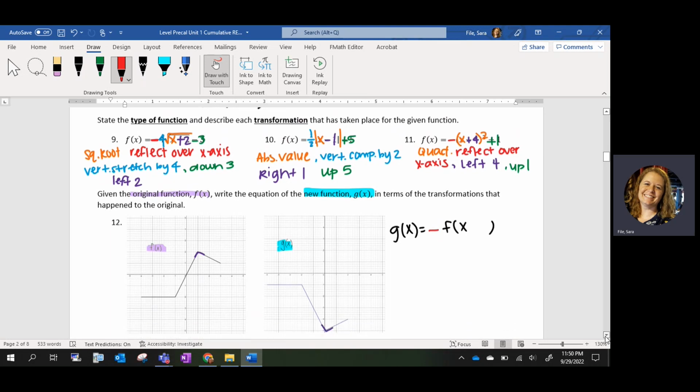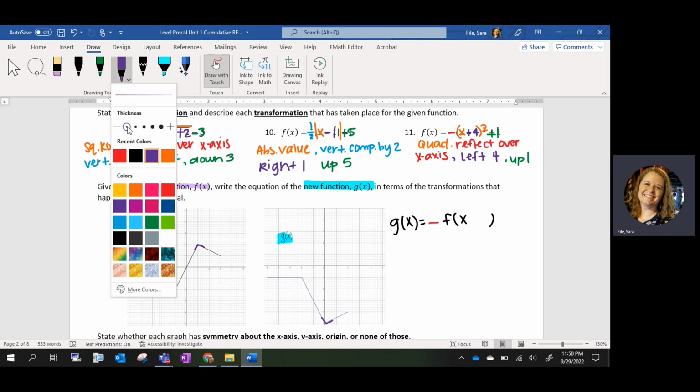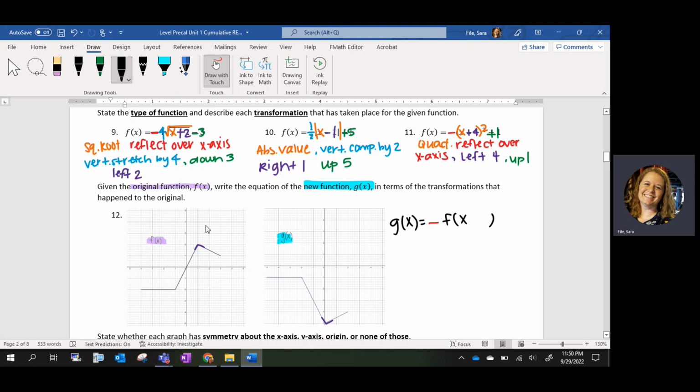But once this was reflected, let's look at where this would have lined up. So if that high point there is at 1, 2, and I reflected it, it would have ended up at 1, -2. And this point would have ended up at 3, -1. And then this point would have been at -1, +2. And then this point would have been at -4, +2.